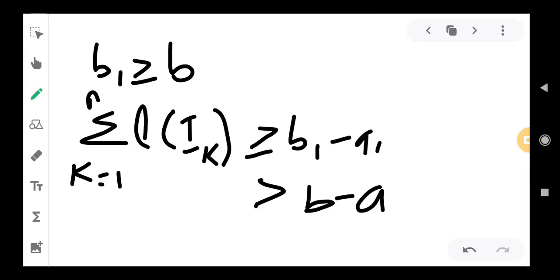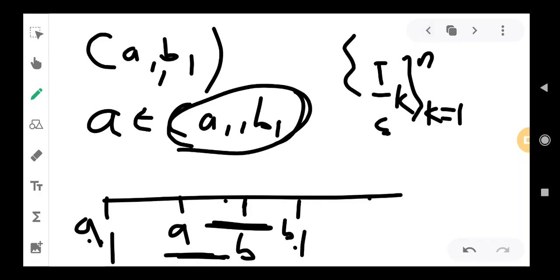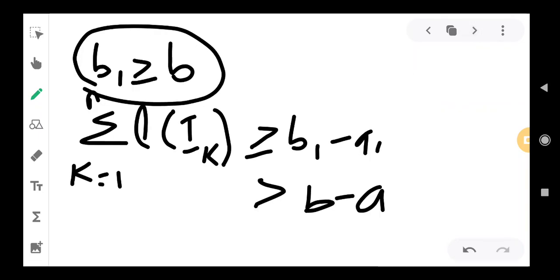Now, if b1 is greater than or equal to b, we have taken it like this. Otherwise, what will happen? b1 will be somewhere in the closed interval [a, b), open at b. So b will not be here; b is somewhere here. So if b1 is greater than or equal to b, this happens.